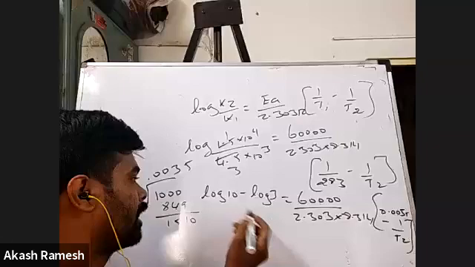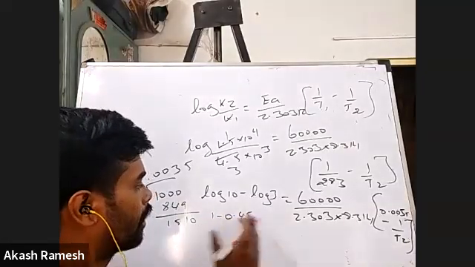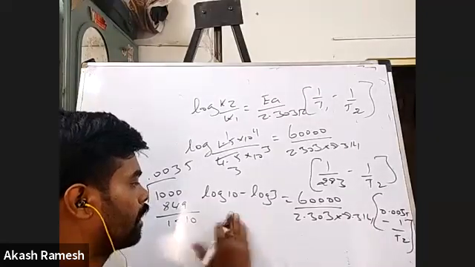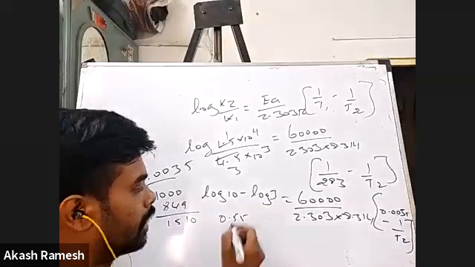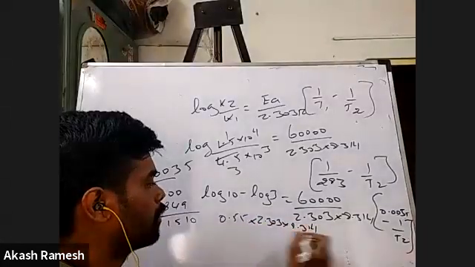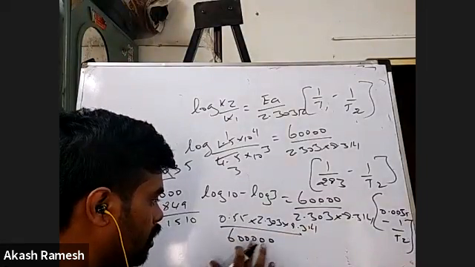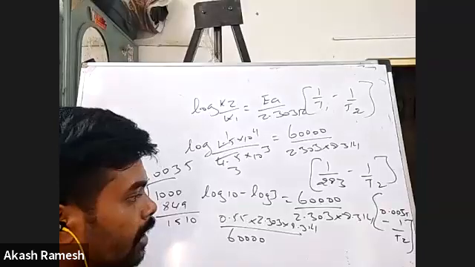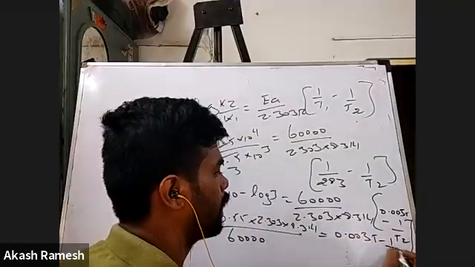So now log 10 value is 1, log 3 value is 0.45. So 1 minus 0.45 will become, I think, 0.55 into 2.303 into 8.314 divided by 60,000, right, is equal to 0.0035 minus 1 by T2.